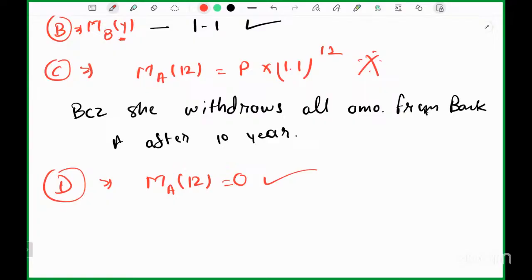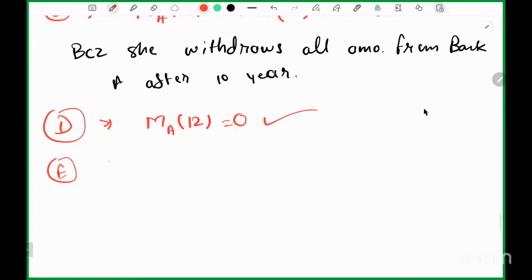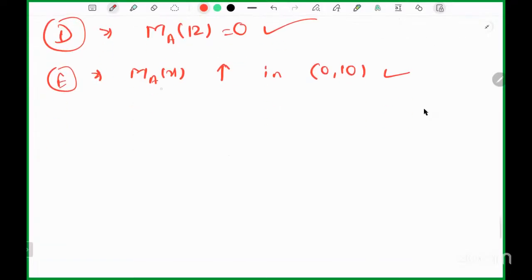Now here we have other options. This option says that MA of x is a strictly increasing function of x for x belongs to the open interval 0 to 10. So this is also a correct answer. That's why they have explicitly mentioned the domain, because if you compute MA of 11 or MA of 12, it will become 0, and this option would not be correct.